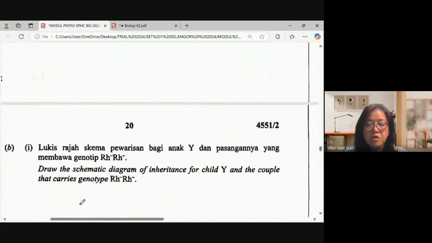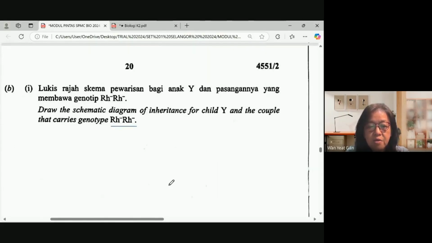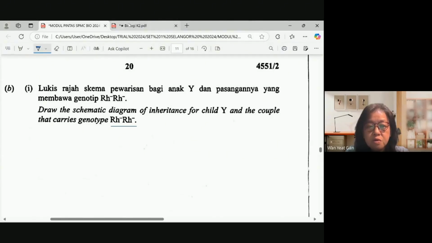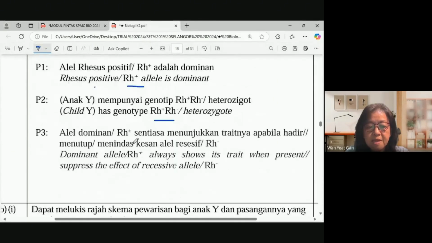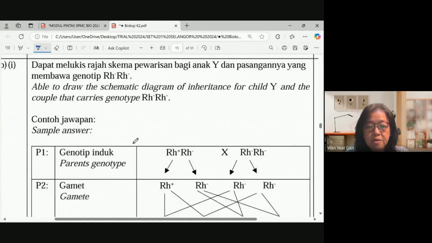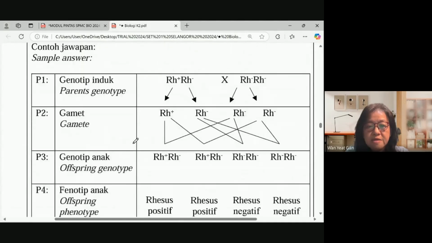Okay, draw the schematic diagram of inheritance for child Y and the couple that carries RH negative, RH negative. So they want you to draw the schematic diagram.